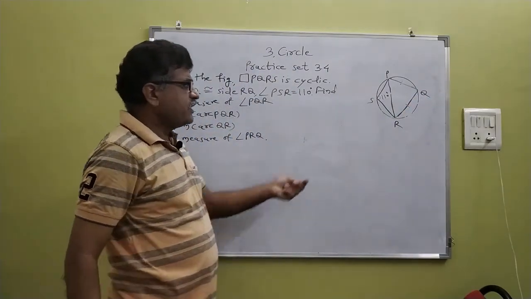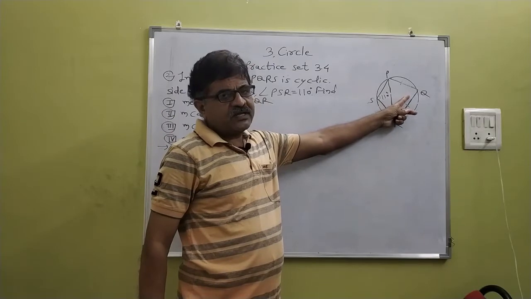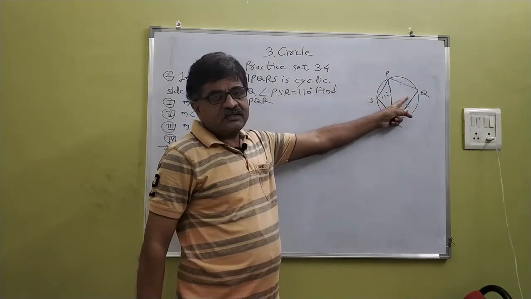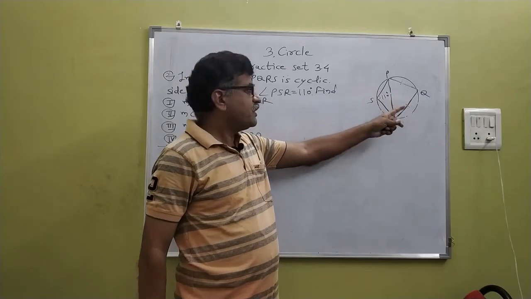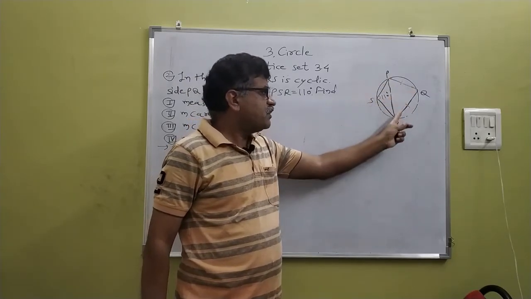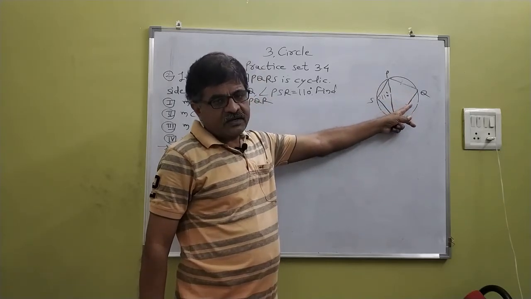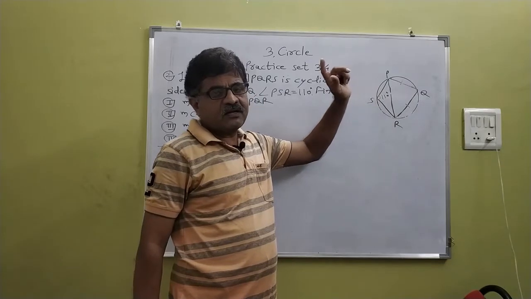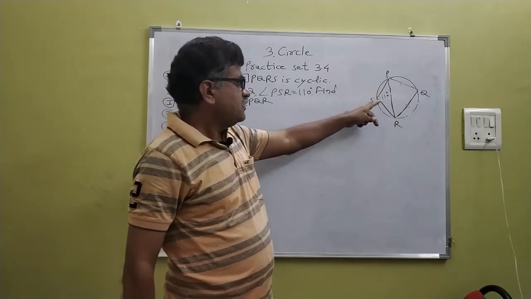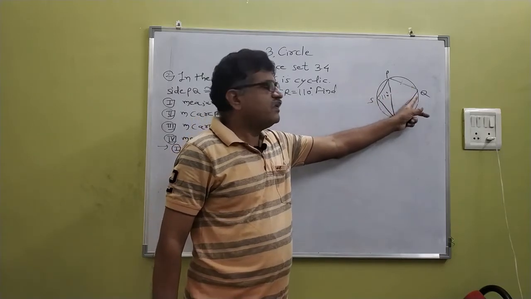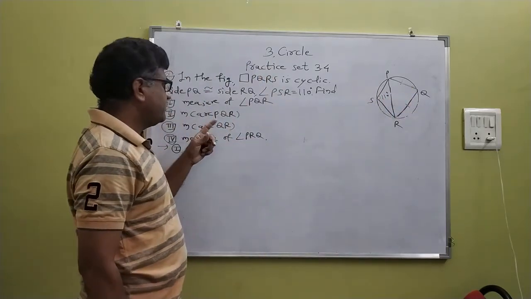Now how can we find the value of this angle? Quadrilateral PQRS is cyclic. Therefore, angle PSR plus angle PQR is equal to 180, that is, opposite angles of a cyclic quadrilateral. We know the value of this, therefore we can find the value of this, PQR.